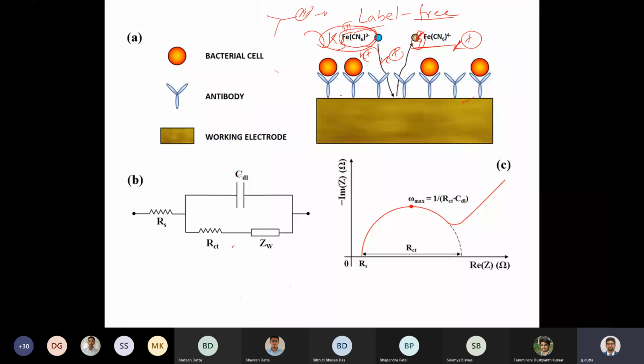Before adding the protein, you have to add some BSA. Why? Because instead of binding here, the protein may bind here. Right, Bratin? Yes, sir. This is basically non-specific. You will not get any correlation. You only get correlation from binding with the antibody, not here.